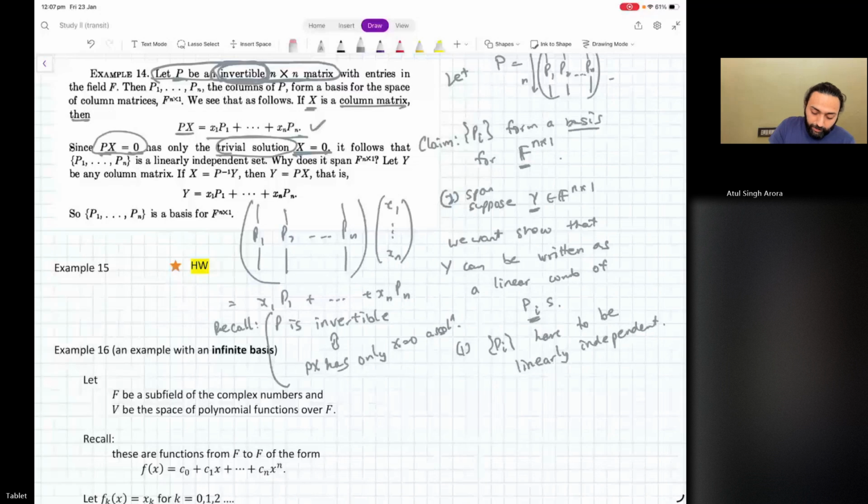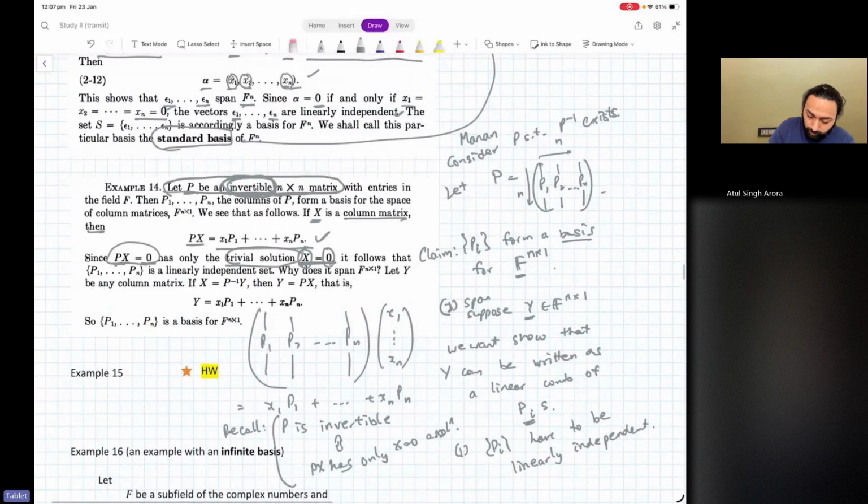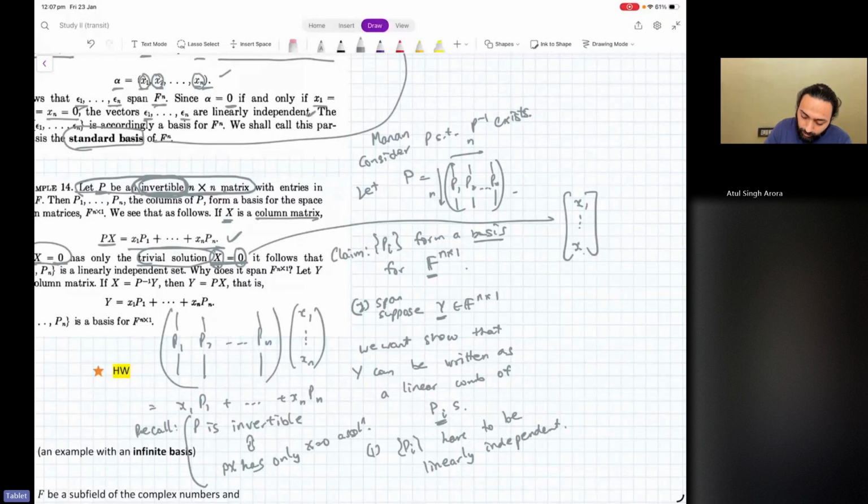But don't we need to show that each xi is equal to 0? So what does this notation, capital X equal to 0, mean? This notation means that the column is going to be equal to this. This is what it means for a column to be 0. Understood.